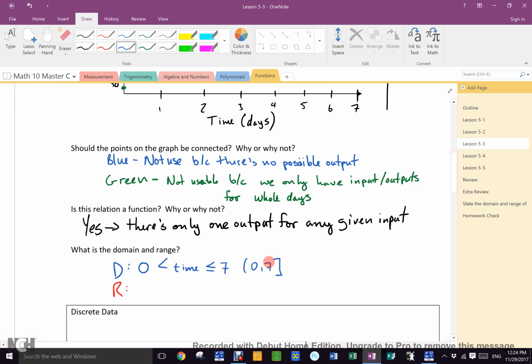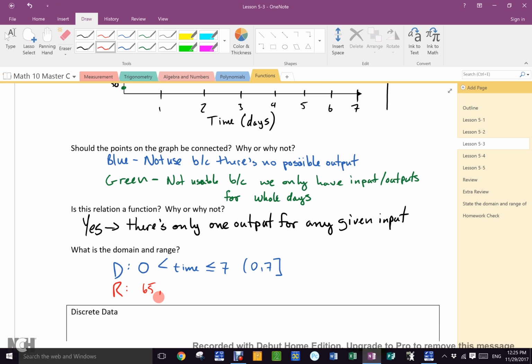Cool? All right. What's the range? I can't pay 0. 65. Then what? Nope.